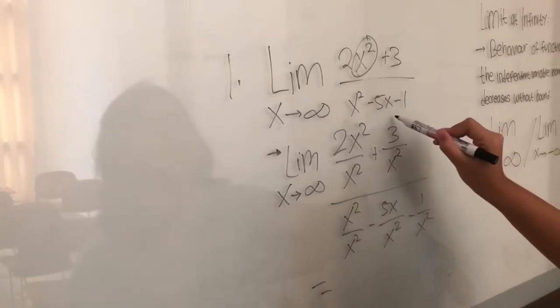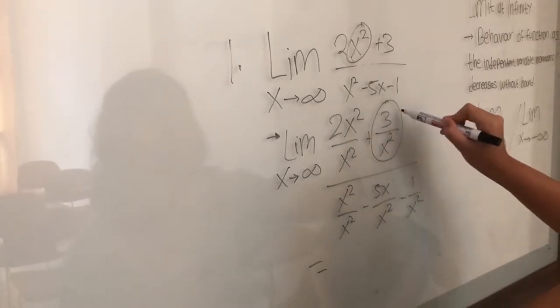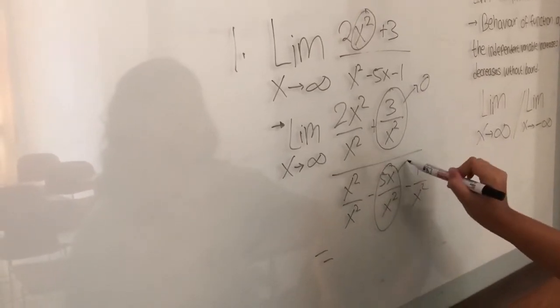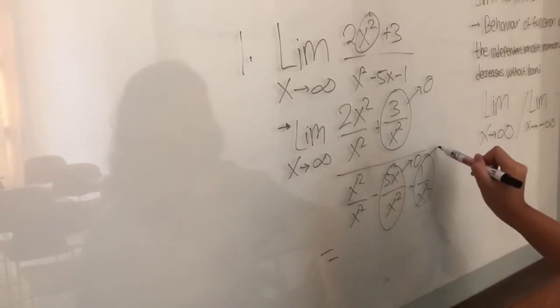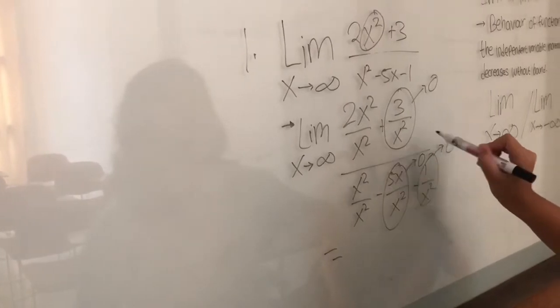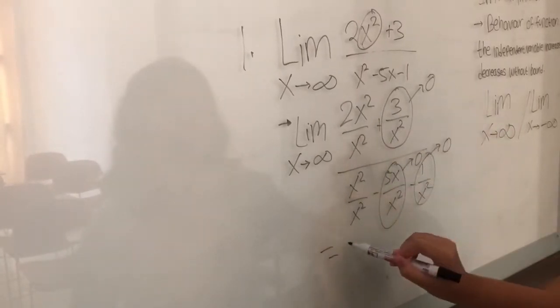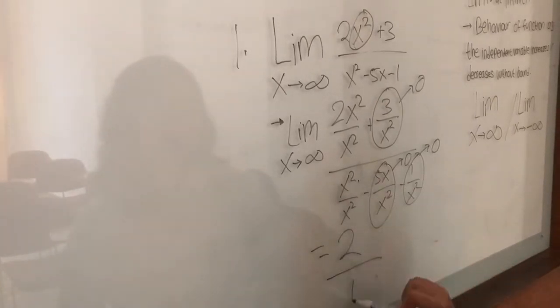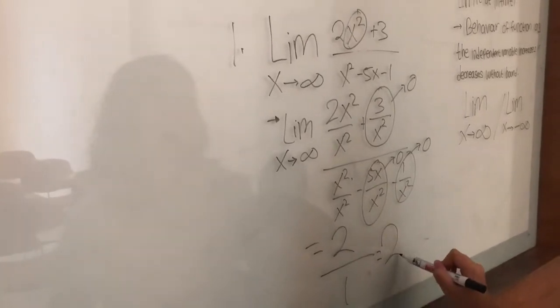But if you can see, this is 0, and also this one and this one, the value that we got here is only 2 divided by this 1. So the answer is 2.